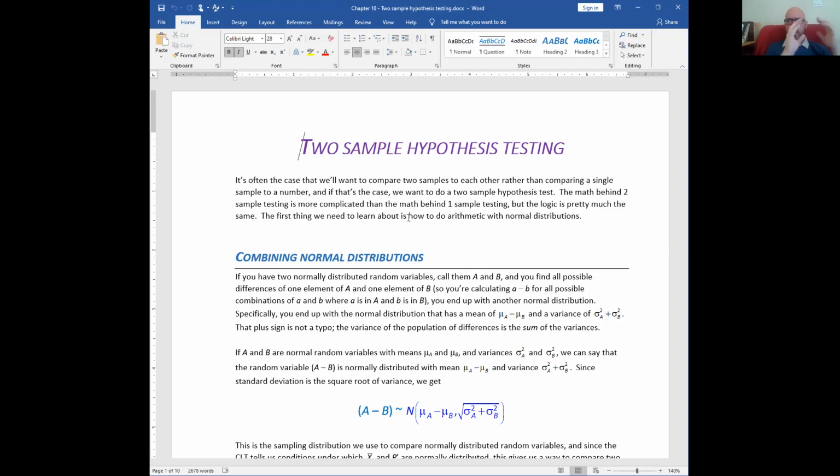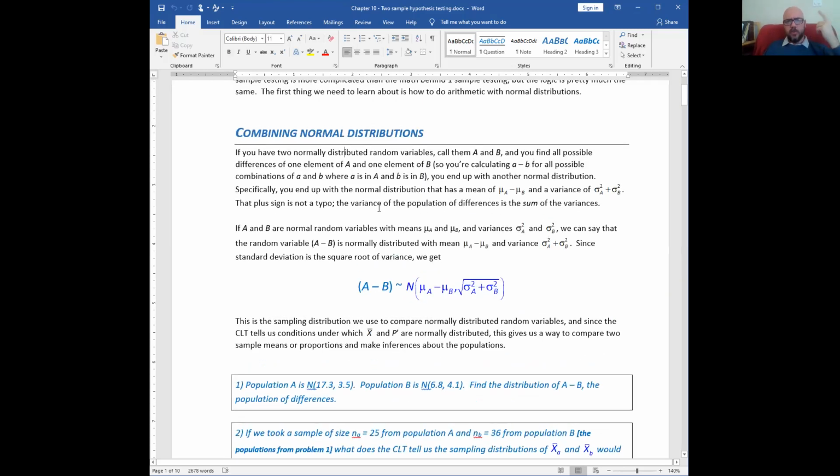It's how far away the average of this sample is from the average of this other sample, and how do we account for the fact that both of them vary depending on the sample we took. Where that comes in is this: we're going to use this idea of combining normal distributions. I should really call this subtracting normal distributions, finding the difference between the distributions.